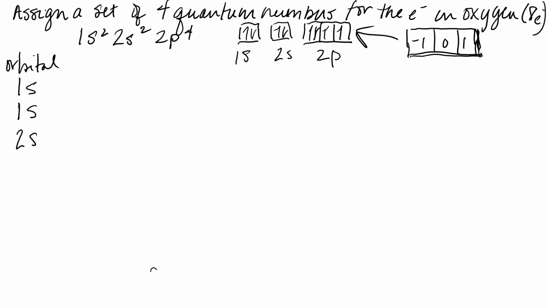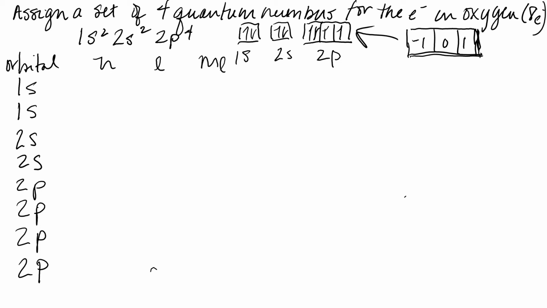We have 2 electrons in the 2s, and then we have 4 in the 2p. And we need to assign N, L, M sub L, and M sub S. So 4 quantum numbers for each of these 8 electrons.